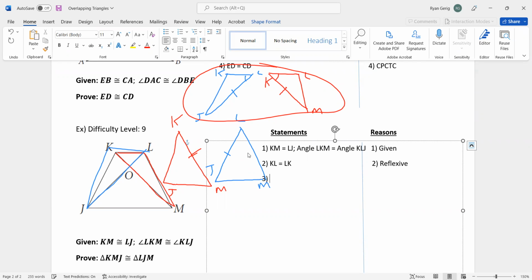Well, that allows me to say that triangle LKJ is congruent to triangle KLM. Why? I didn't mark those. Step 2, KL is congruent to KL, okay, that's side angle side.